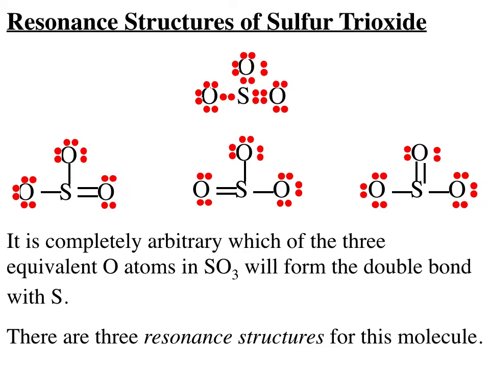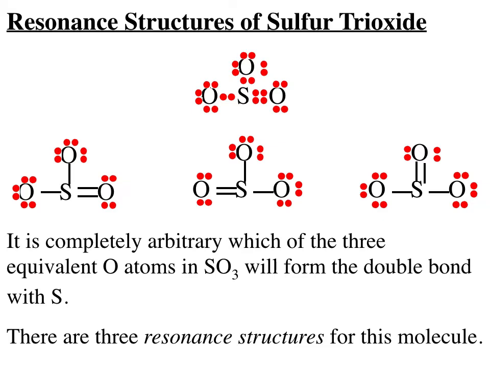Now what I'm showing below that, using lines instead of dots, remember for a double bond you use two lines, for a single bond you use one line. I've replaced all bond pairs with lines to show the way the double bond can be moved from the right O in the left picture to the left O in the middle picture to the top O in the right-hand picture of the resonance structures of sulfur trioxide.